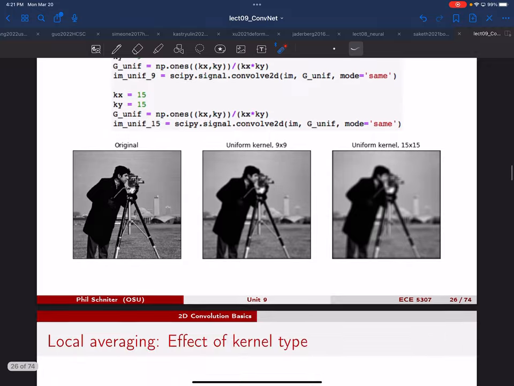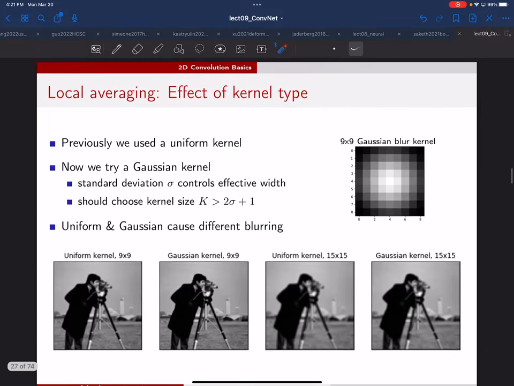Okay, and we can also look at a kernel that's a little bit less boring. So instead of making a kernel that's just uniform amplitude at all the pixels, we could make what's called a Gaussian blur kernel, which, if you took a slice across this dimension, you would see there's sort of a Gaussian shape here, or if you took a slice across this dimension, there'd be a bell curve shape here.